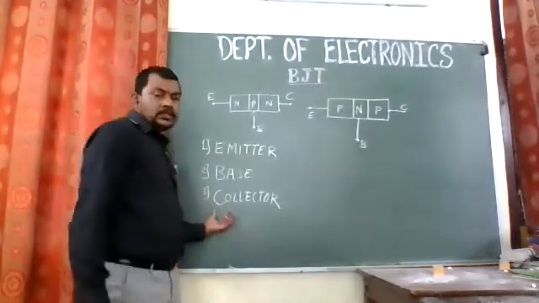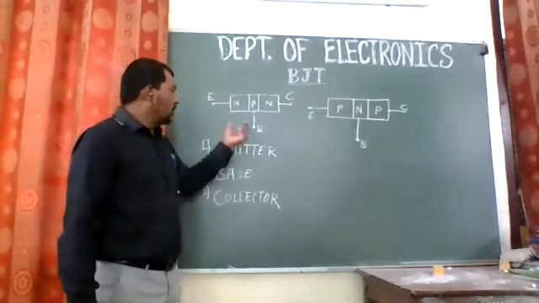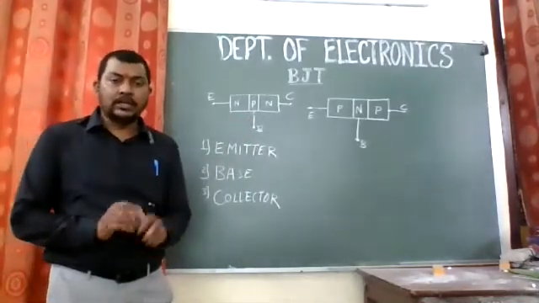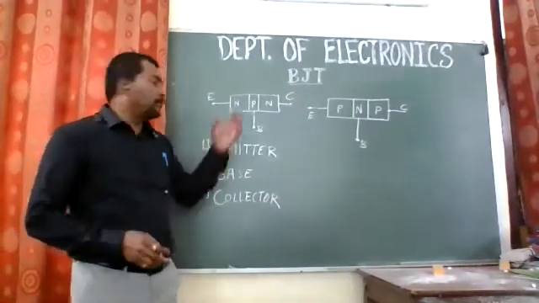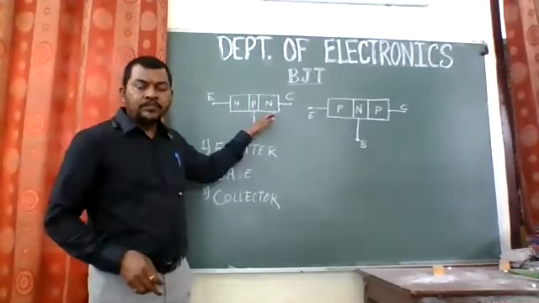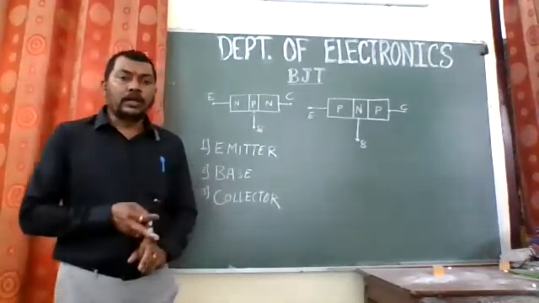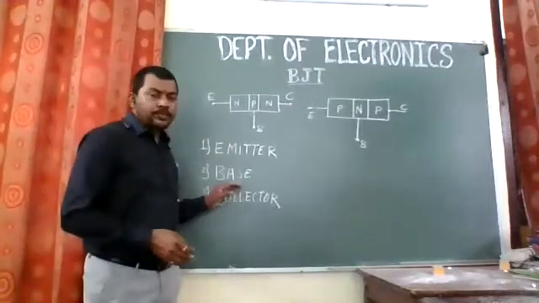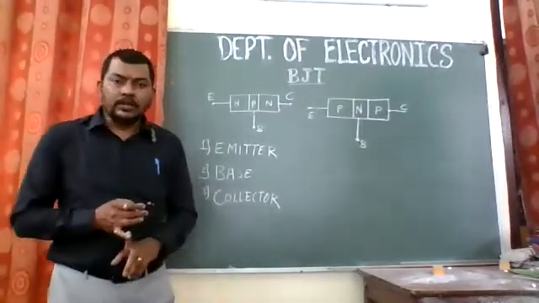And the last one is the collector. The collector is the largest portion of this transistor. It has a larger surface area as compared to the base and emitter, and it is moderately doped. So remember three lines for each of these three regions.